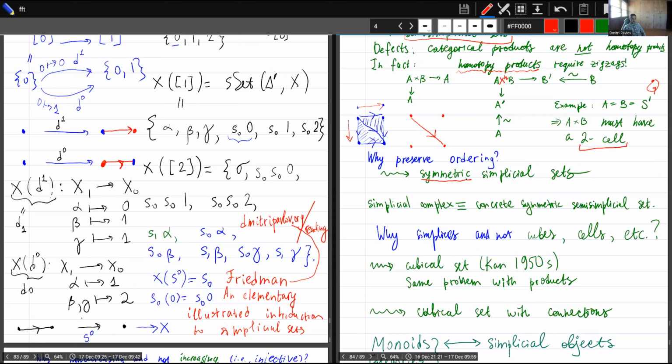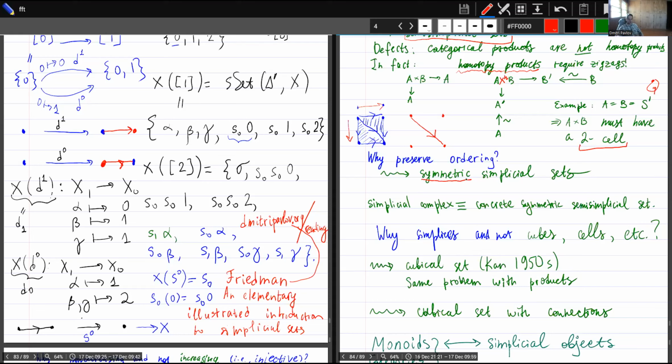One of them is that, because ordering need not be preserved, every simplex has a non-trivial group of automorphisms. So you can permute the vertices of some simplex, and you get back the same simplex.